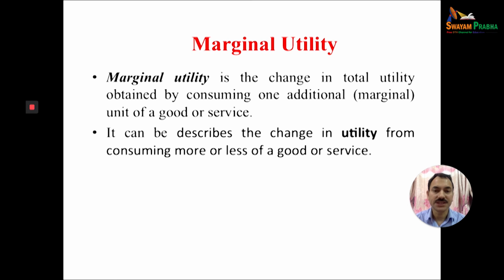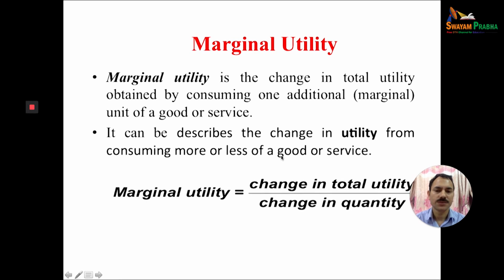It can be described as the change in utility from consuming one more or less unit of a good or service. Marginal utility is the change in total utility due to change in quantity. This is the formula: change in total utility divided by change in quantity is the marginal utility.